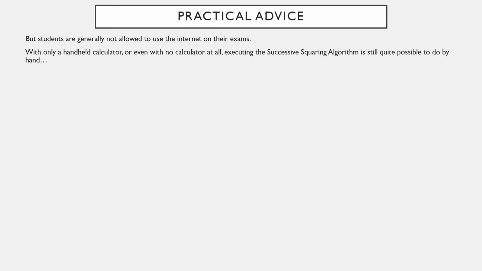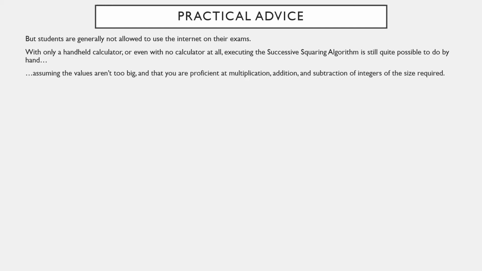But if you're only allowed to use a handheld calculator or even no calculator at all, as long as you practice, executing the successive squaring algorithm is quite possible to do by hand, assuming you're not trying to do stuff with unreasonably large numbers, also assuming that you can multiply, add, and subtract integers of moderate size. So for example, computing 7 to the 22nd modulo 90 I would not consider to be an unreasonable question.